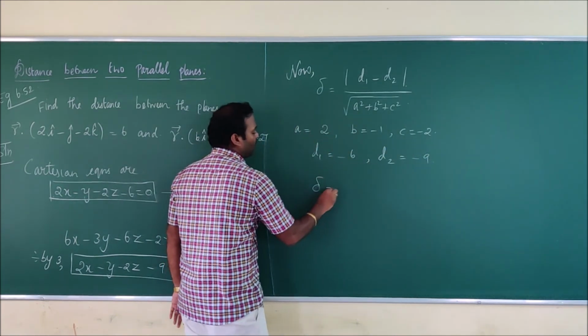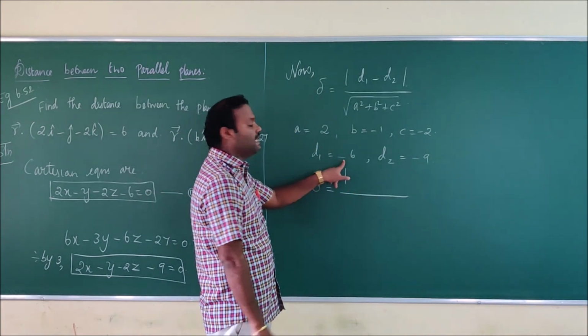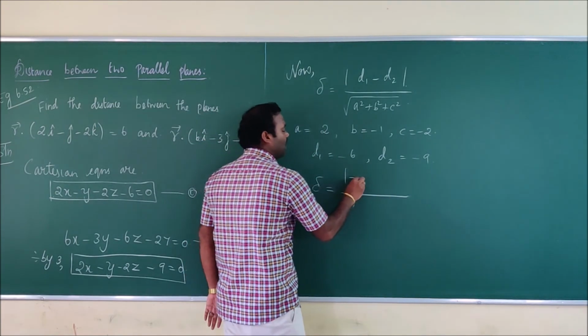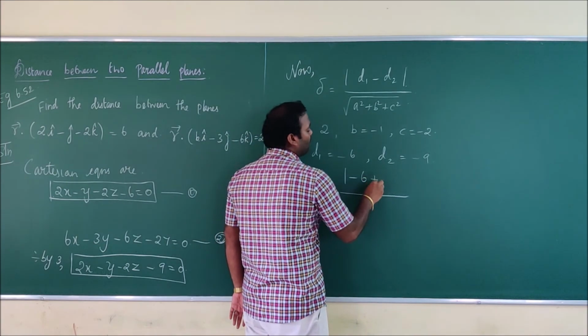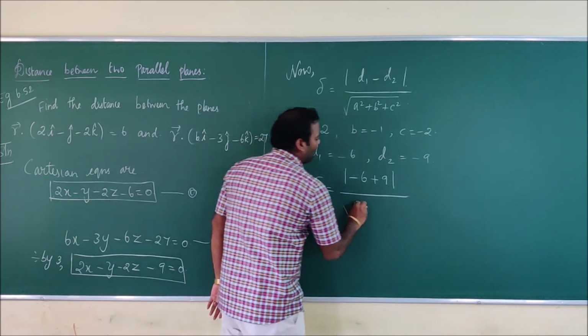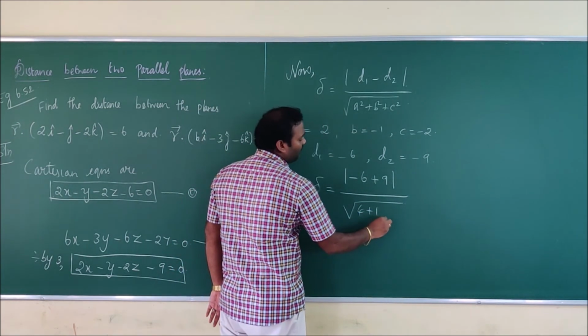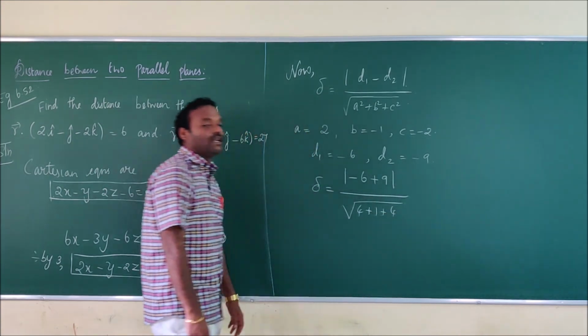Now you just substitute in the formula. Delta is equal to modulus of D1 minus D2. D1 is minus 6, minus of minus 9 is plus 9. Now root of A square plus B square plus C square: A square is 4, B square is 1, once again C square is 4.